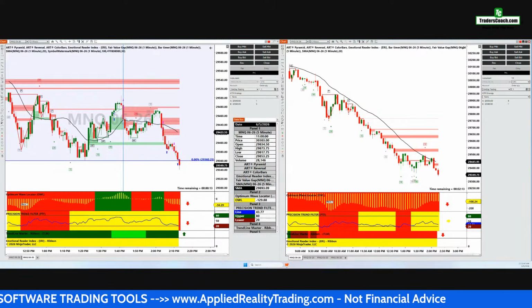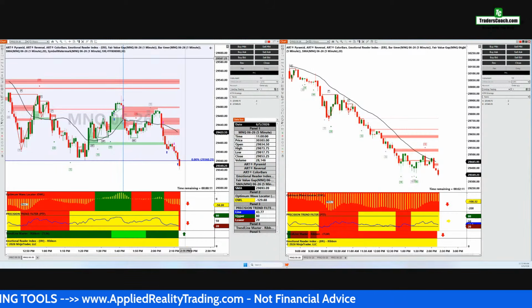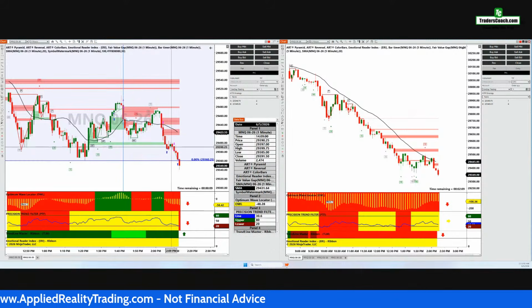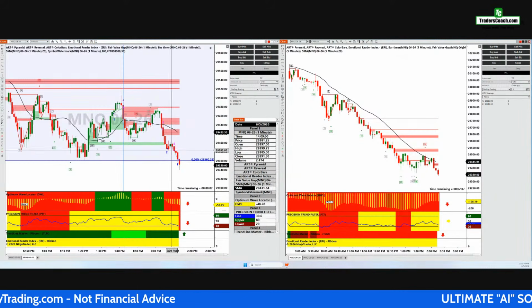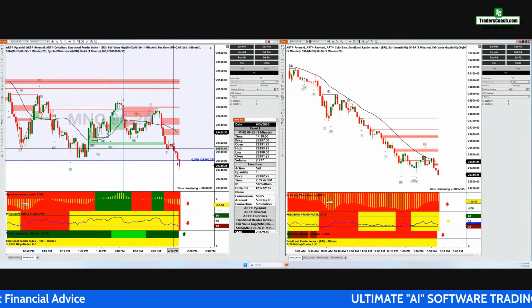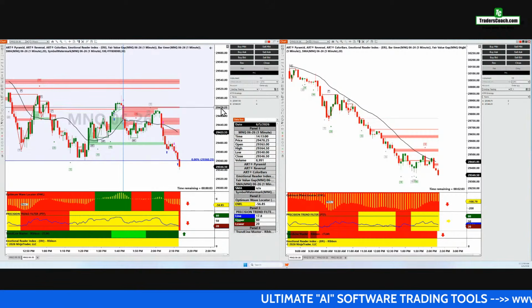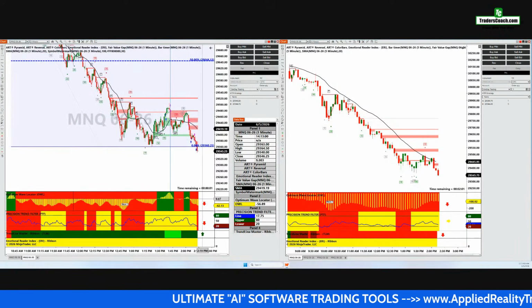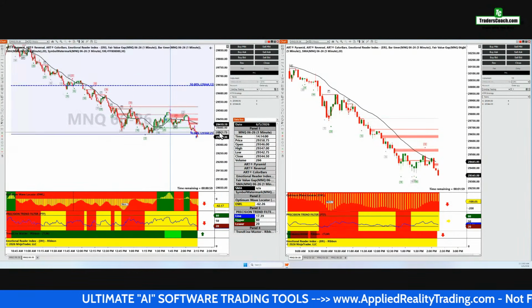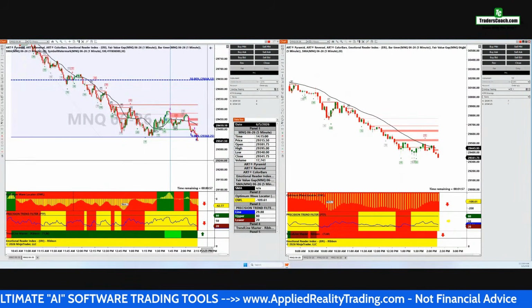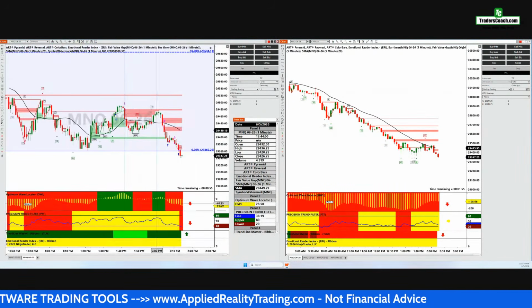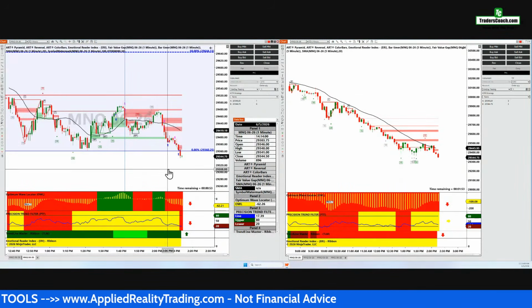All right, so I'm not sure if that last trade was that great a trade because we were so far into the move down. I mean, obviously it worked, and it looks like it's going down a lot further. And here's another bearish fair value gap.